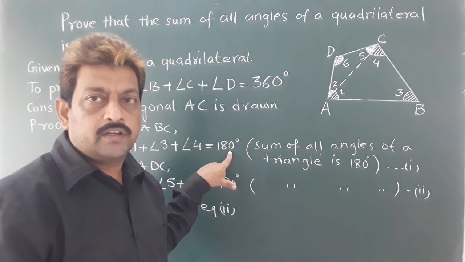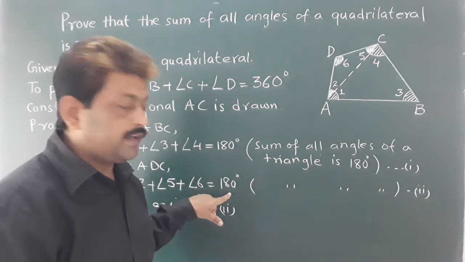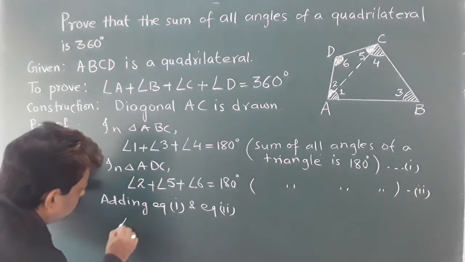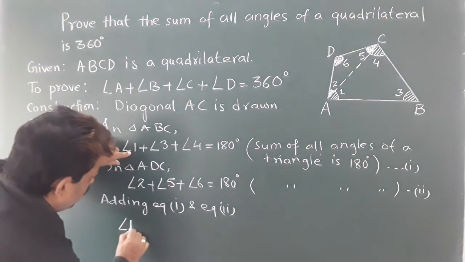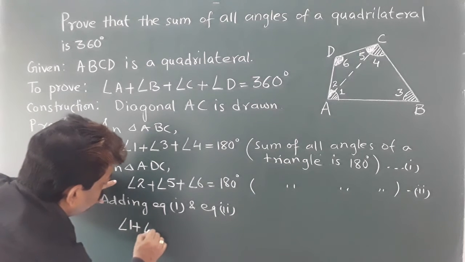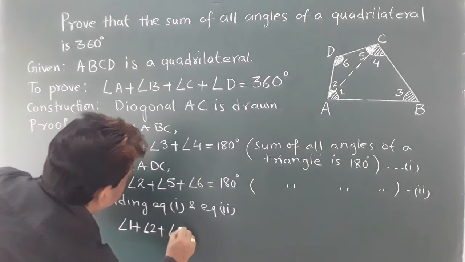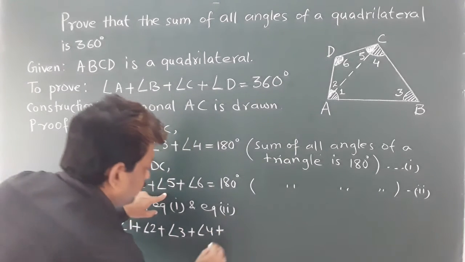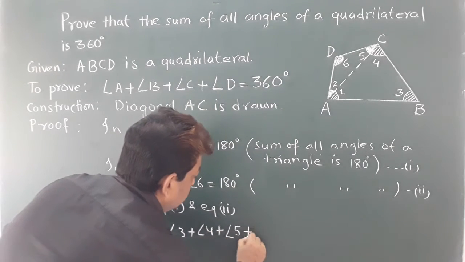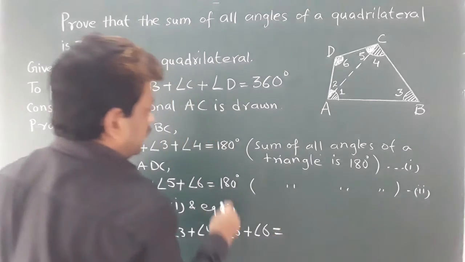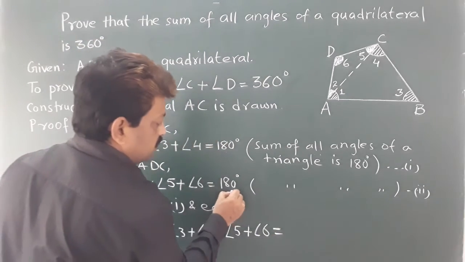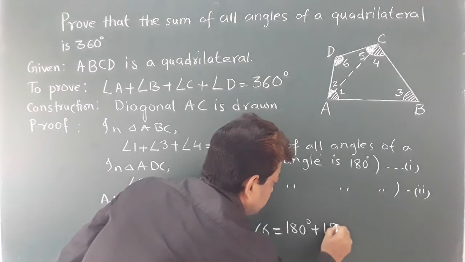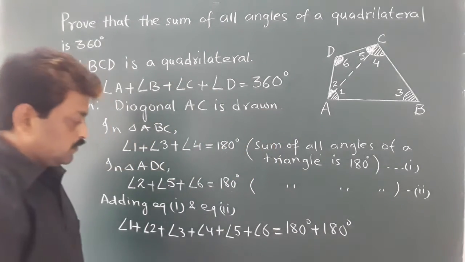Similarly, the right hand side of equation 1 will be added to right hand side of equation 2. So in the left hand side it will be angle 1 plus angle 2 plus angle 3 plus angle 4 plus angle 5 plus angle 6, and right side will be 180 degrees plus 180 degrees. Okay?